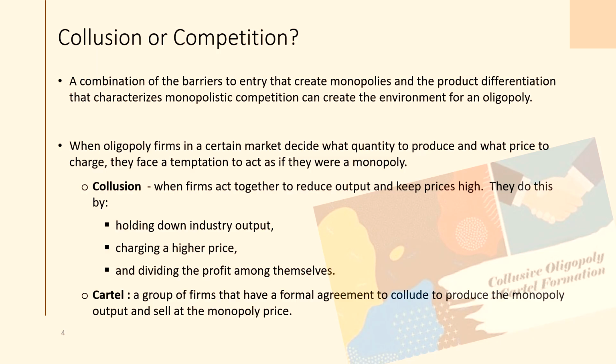When firms successfully collude, they behave similarly to a monopoly. A formal organization created for collusion is called a cartel. A cartel is a group of firms that agree to produce the monopoly quantity and charge the monopoly price. However, collusion is difficult to maintain because each firm has an incentive to cheat.